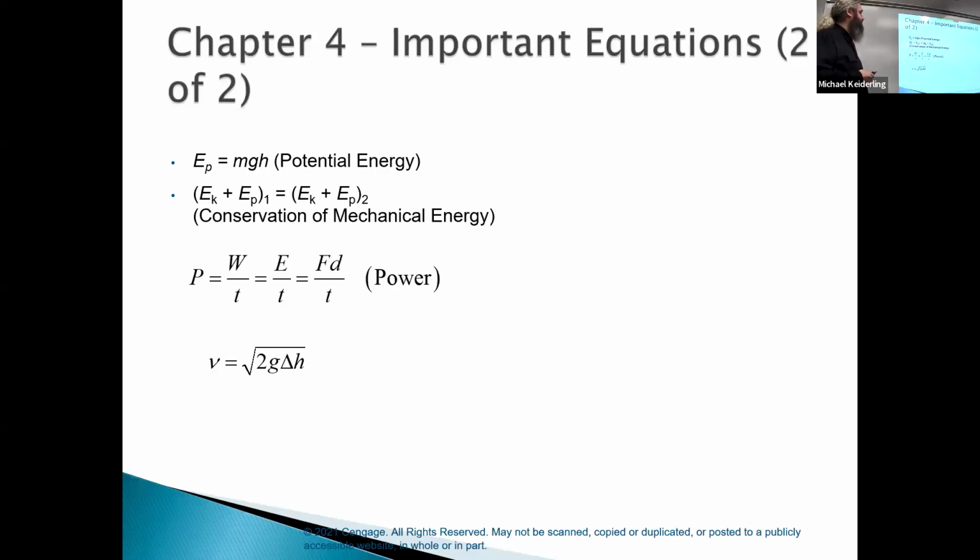Mechanical energy can be conserved, so kinetic energy plus potential energy at time 1 equals kinetic energy plus potential energy at time 2. Power is work over time or energy over time, and that's force times distance over time. And for a dropped object, velocity ends up being the square root of 2g delta h, solving this conservation of energy equation.